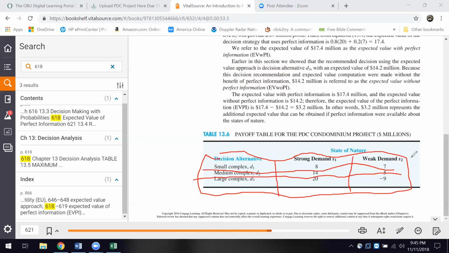For example, if we say let's build a large complex and the demand is strong, we're winners. We're going to make 20 million. If we build a large complex and we have weak demand, notice what happens. We lose 9 million.